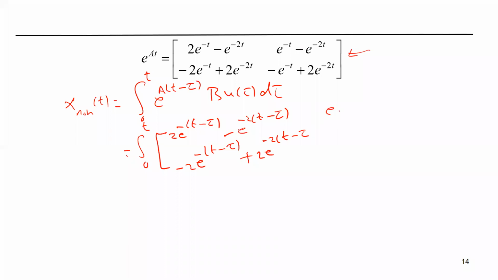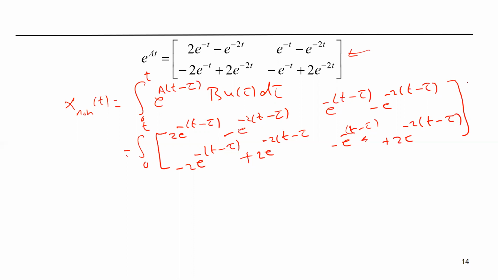Then e to the power minus (t minus tau) minus e to the power minus 2(t minus tau), minus e to the power minus (t minus tau) plus 2 e to the power minus 2(t minus tau).